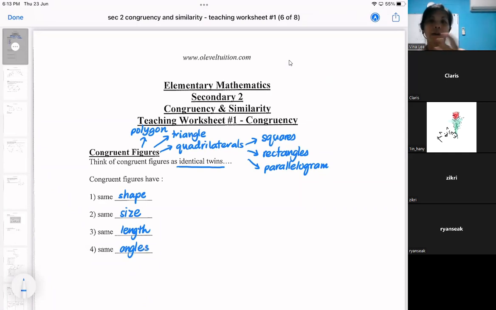That is the idea of congruent, identical twins. You cannot tell them apart because they are all the same thing. So the definition of congruent is a very big word, so just get the idea that it means everything is the same: same shape, same size, same length, and same angle.